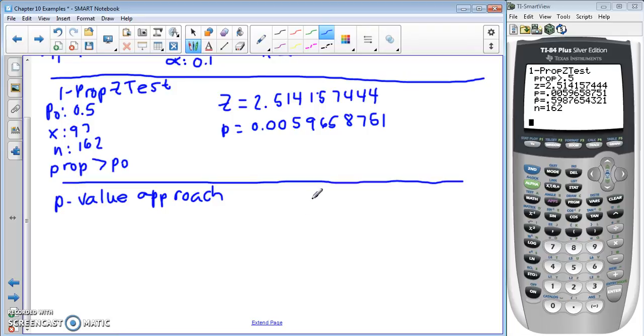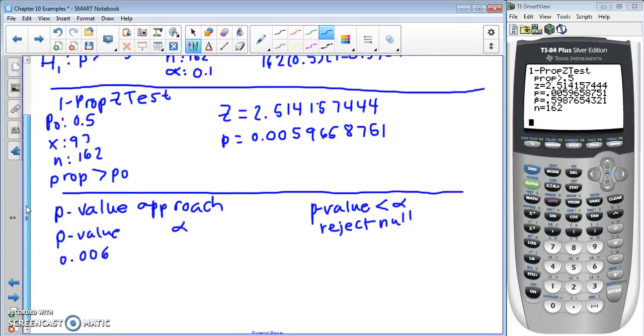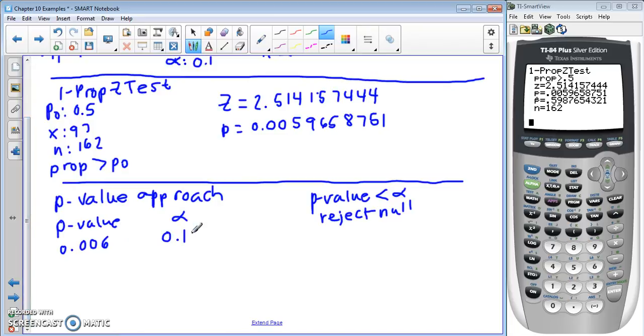So remember, if the p-value is less than alpha, then we reject the null. So our p-value is 0.006, and alpha is 0.10.